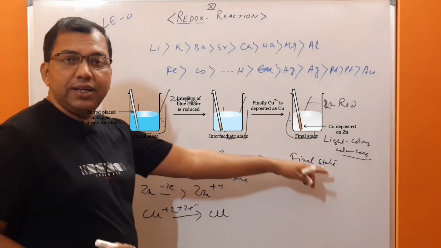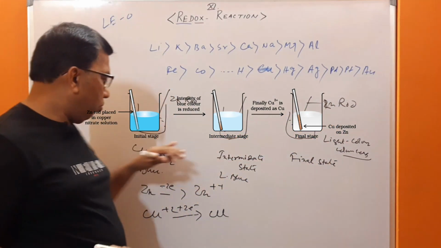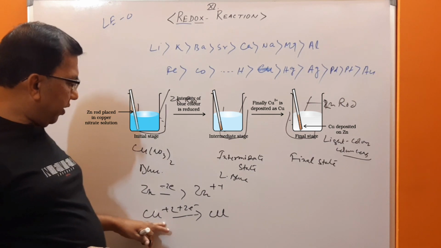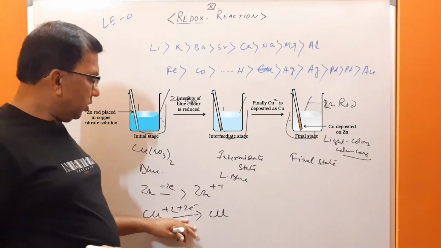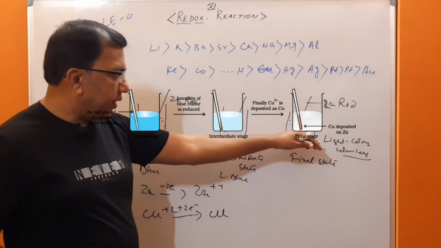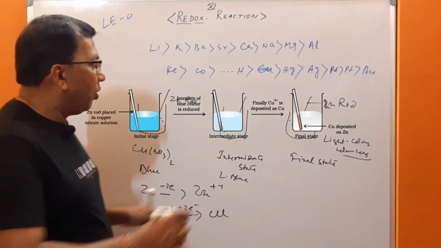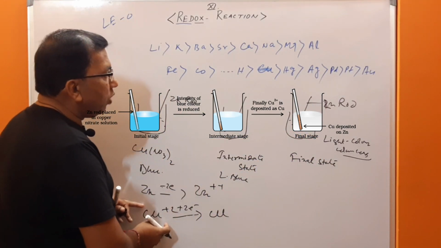Then the blue color will disappear, because copper takes electrons and is deposited on the zinc rod. That means zinc displaces copper.